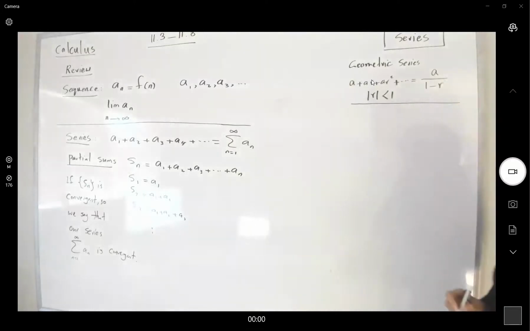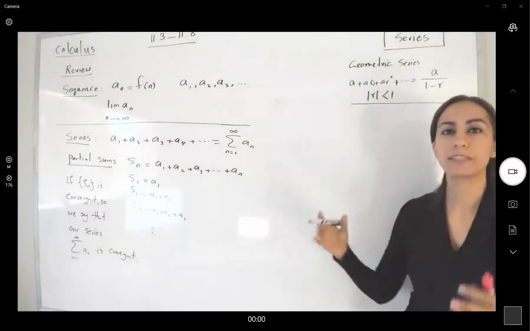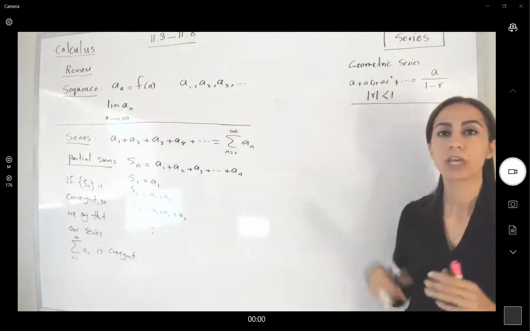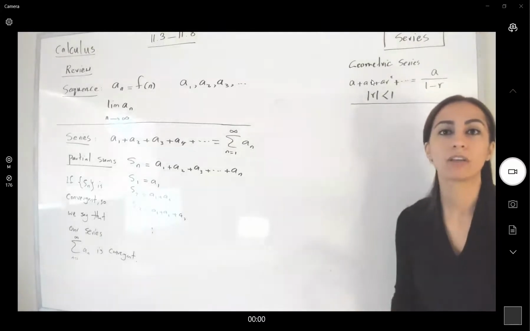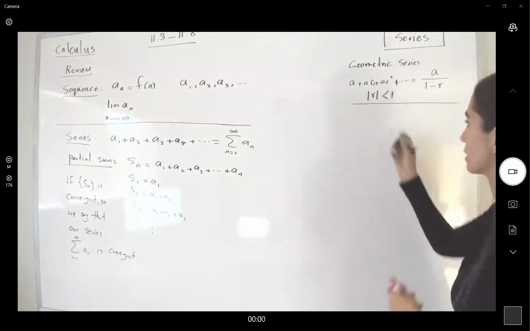After geometric series, we introduced series where the middle terms are opposites of each other. We can get rid of the middle terms, and we call it a telescoping series.